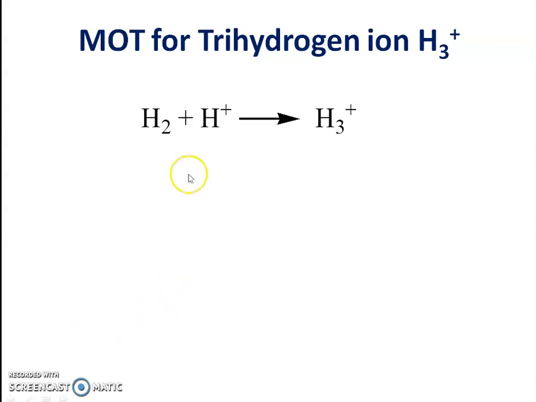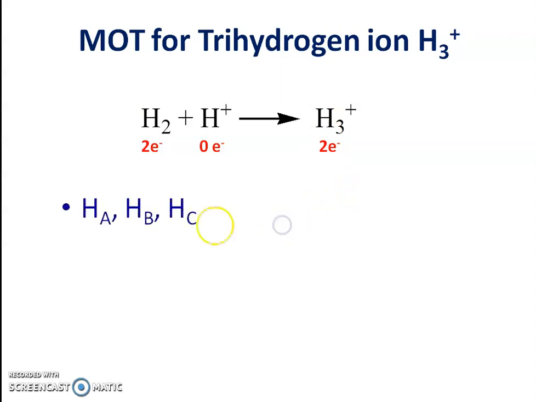It is formed by the combination of a hydrogen molecule and a proton, or H plus ion, and therefore it contains two valence electrons. You know that a hydrogen molecule contains two electrons. In H plus there is no electron, one electron is lost from a hydrogen atom, and therefore the total number of electrons present in the H3 plus ion is equal to 2.